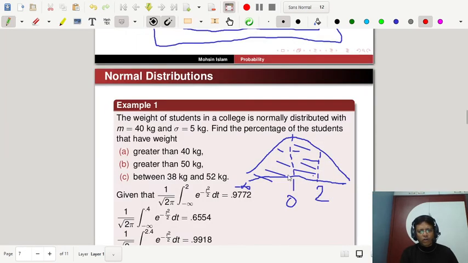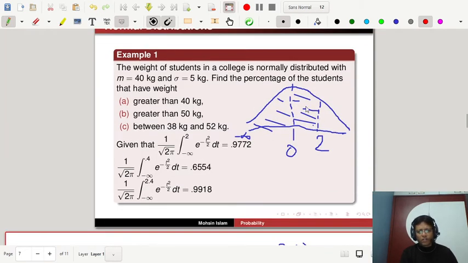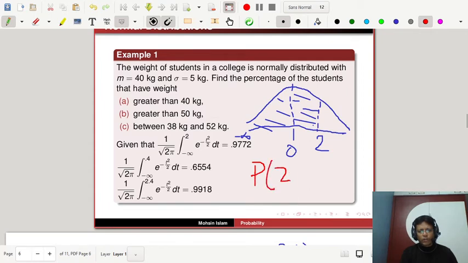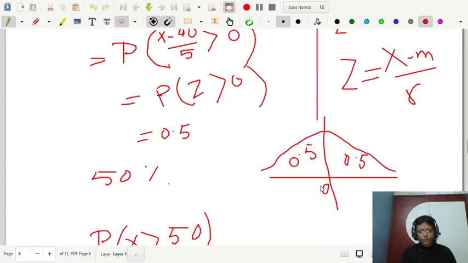And z less than equal to 2 is given here. This region z less than equal to 2 is 0.9772. So this actually denotes probability of z less than equal to 2. Either you can denote it by the integration, or you can write by z, the standard normal distribution, z less than equal to 2.